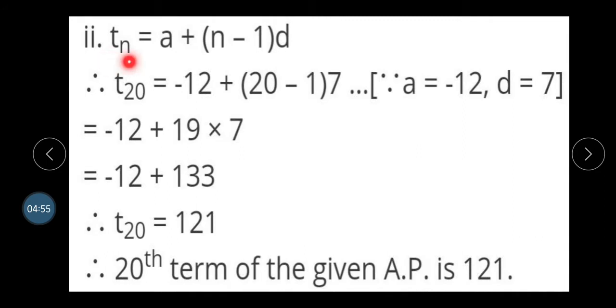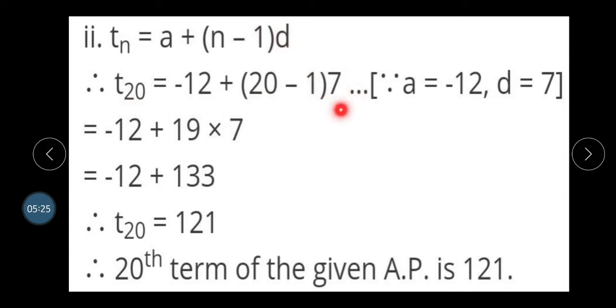Now we need to find the 20th term, students. So the second part of the question is we need to substitute in our formula Tn equal to A plus n minus 1 into D. N is 20, the 20th term we need to find. So Tn will become T20. A, our first term, is minus 12. N is 20, so 20 minus 1, D is 7.